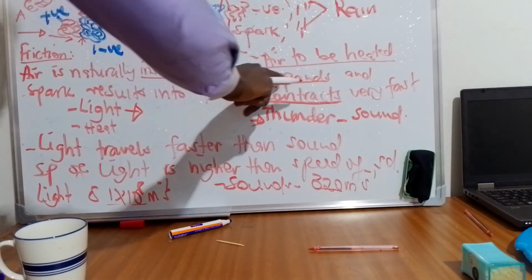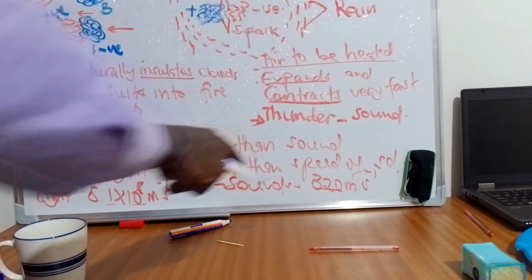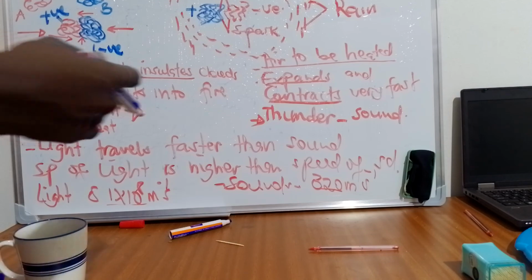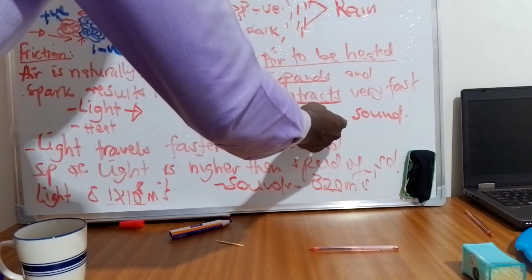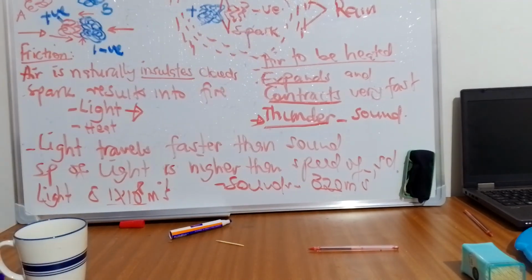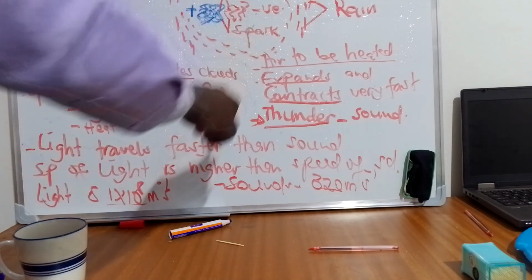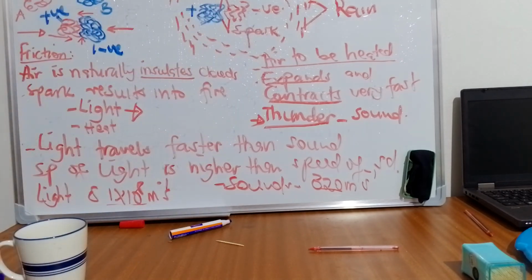So there happens expansion and contraction almost at the same time. It happens spontaneously, causing sound. This sound, we call it thunder. So it is this spark that destroys property. Why do we say light before you have had thunder? Light travels faster than sound.